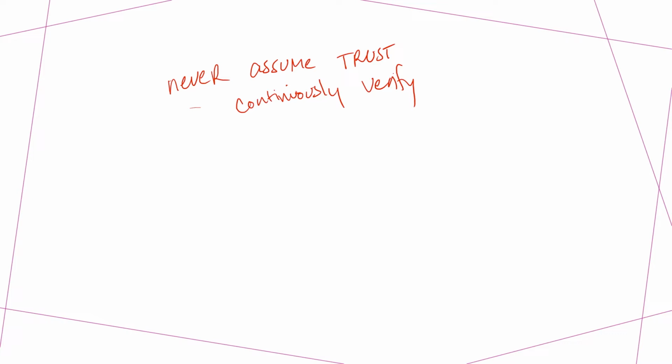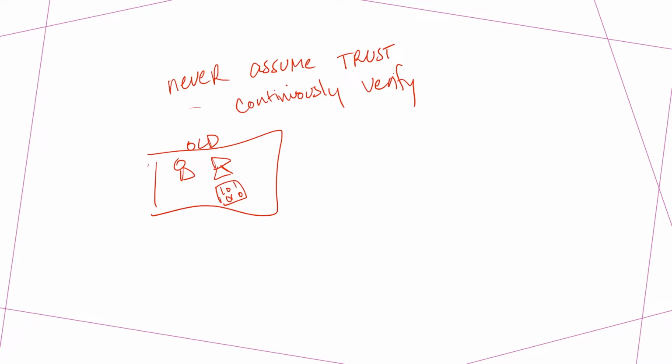So this is the old model: everything here, user, device, or data, is assumed trusted since they are within the trusted network.